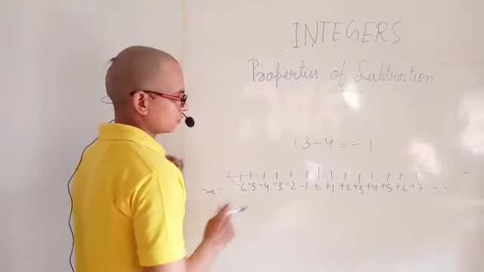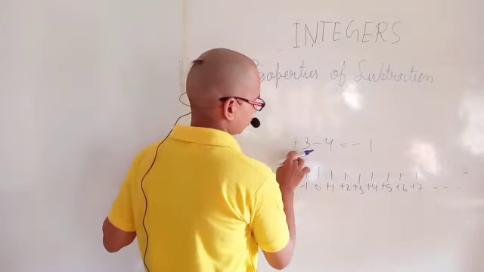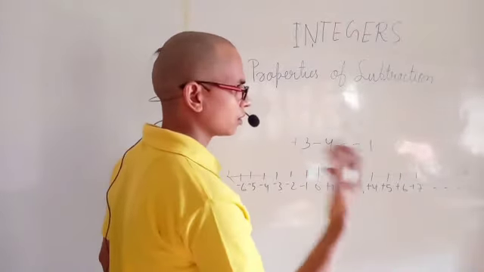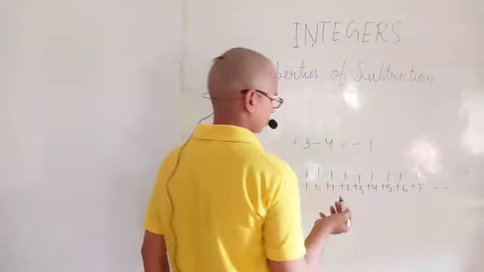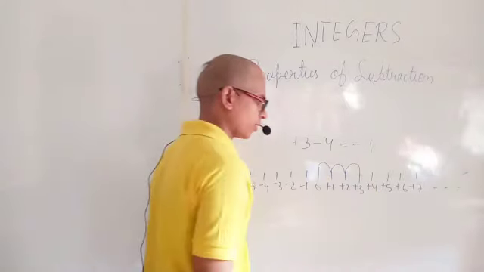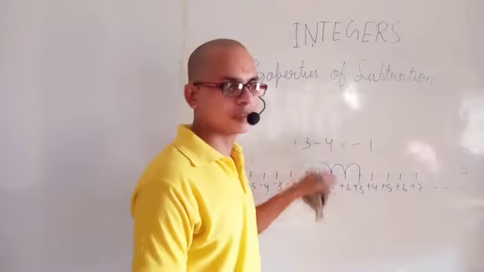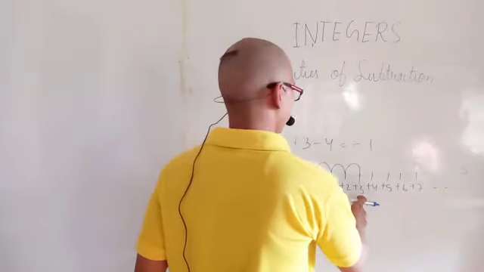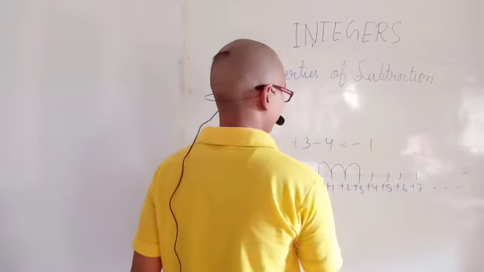Okay, so firstly we see that this is a plus sign, plus 3, so that's why we go to the right side of the number line. So let's start 1 2 3. Okay, now we see the negative sign, so means what? Negative means we will continue to the left side from here.